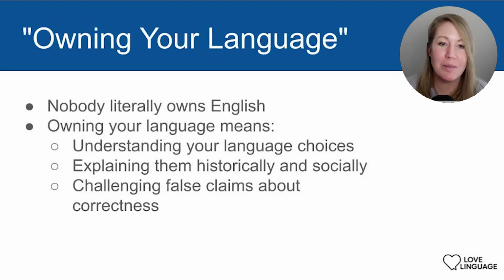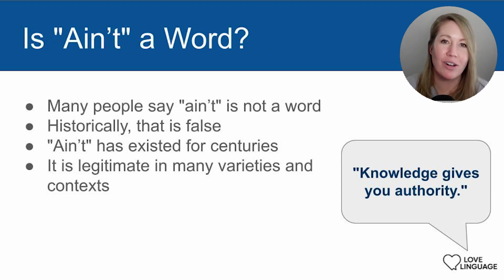Now, the book talks about owning your language, and that's obviously a metaphor. Nobody owns English, but what it means is being able to explain and justify your language choices historically, socially, and linguistically. So, for example, take the word "ain't." People often say "ain't" isn't a word, but that's simply false, right?